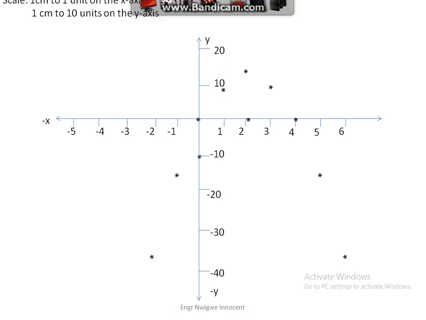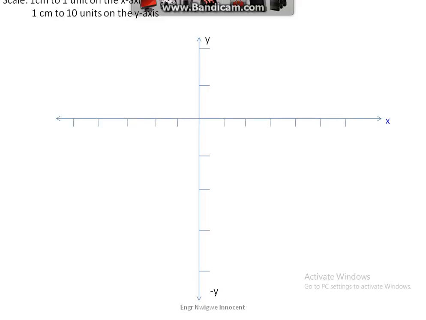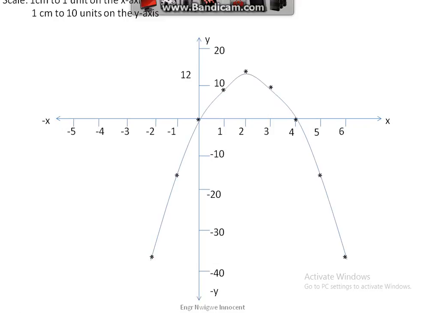Then for the last value of x on the second table, we have x to be 6 and y to be 20. Then you locate the point where x is 6 and y is 20. Where the two meet, you mark an asterisk. That's the location of that point. We draw a straight line for this.